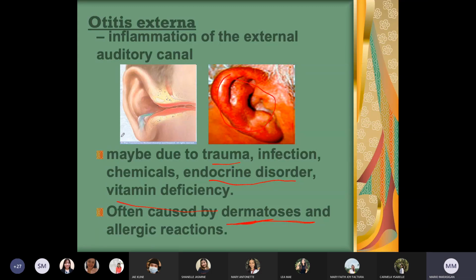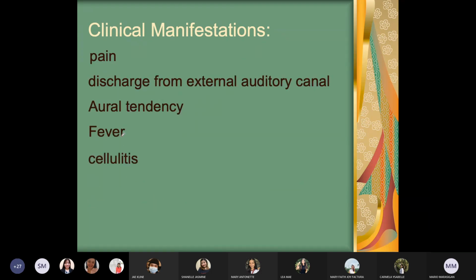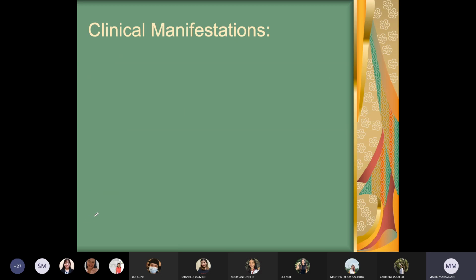Pulang-pula, tapos namamaga siya. Pwede ding magkaroon ng kulani, okay? Lymphadenopathy sa cervical area. Okay. So pruritus, hearing loss, and feeling of coolness.